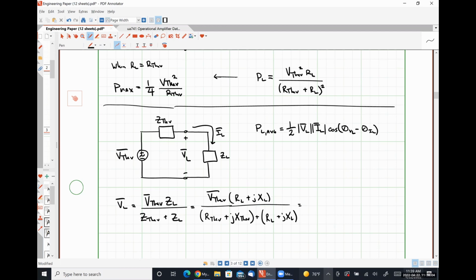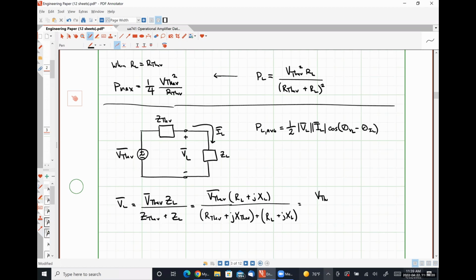And now I'm simply going to lump together the real parts of the impedance and the imaginary parts of the impedance, giving me phasor Thevenin voltage times RL plus JXL divided by R Thev plus RL plus J times X Thev plus XL. Are we all okay with that?